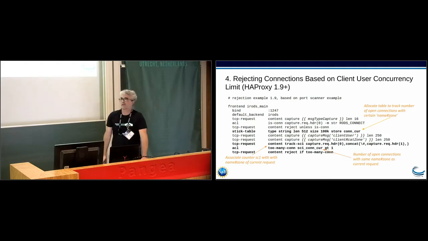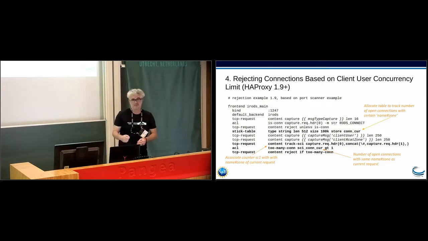On to the next one, which is about rejecting users based on a concurrency limit. The concept that's interesting here is the stick table. A stick table allows you to keep state across all the connections.